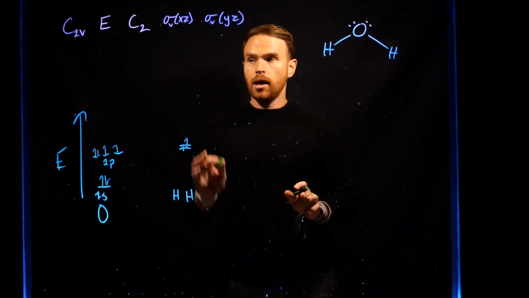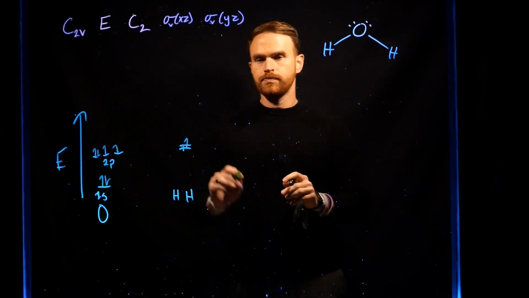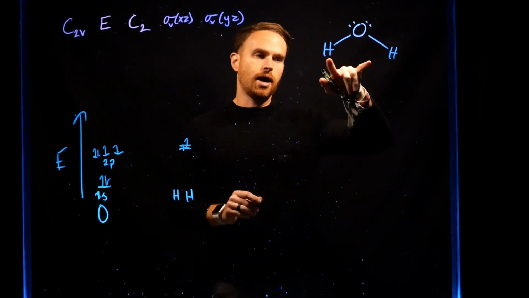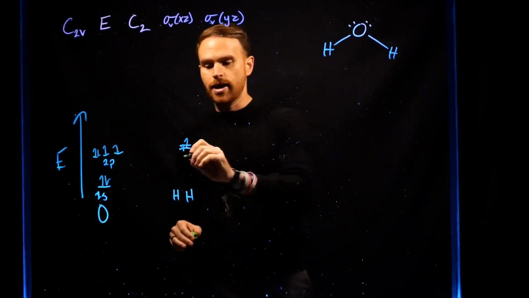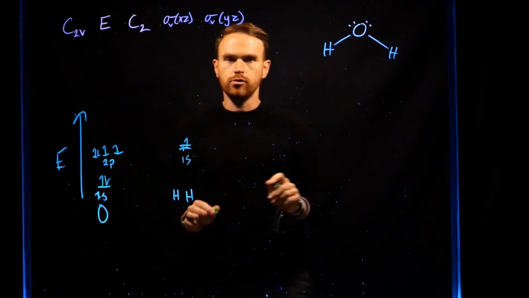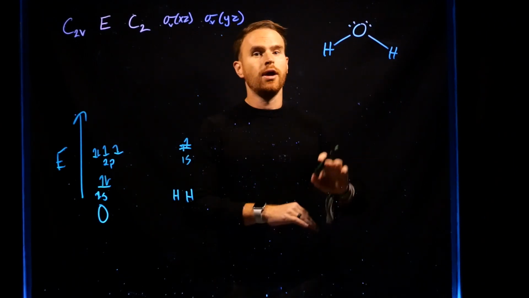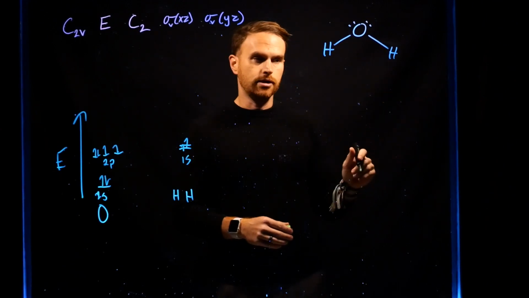All right, so how do we do this using the inspection method and the projection operator method? So for the orbitals involved in hydrogen, the only ones that we have are the 1s orbitals, which is why using this molecule as an example is so easy, because you don't need to consider any of the additional orbitals that are involved in the atoms that are beyond helium.